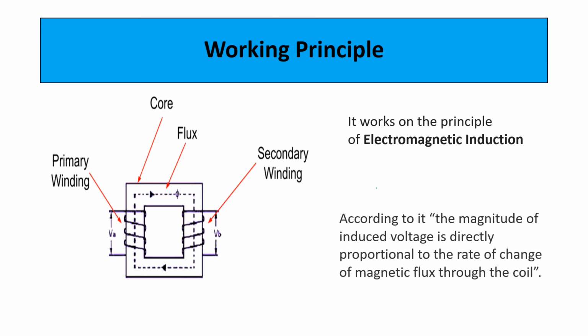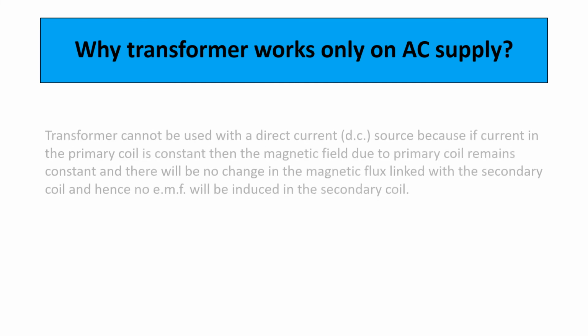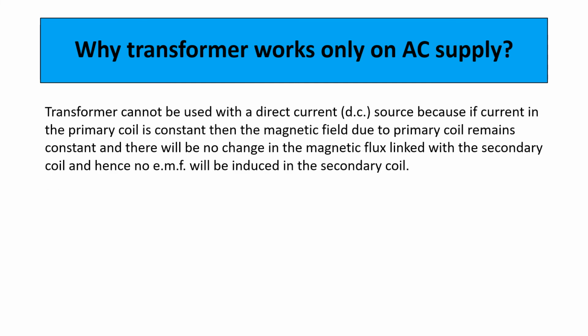According to it, the magnitude of the induced voltage is directly proportional to the rate of change of magnetic flux through the coil. A transformer cannot work when it is connected to a DC source. What is the reason for that? If it is connected to a DC source, then there will be no change in the magnetic flux. That is the reason.